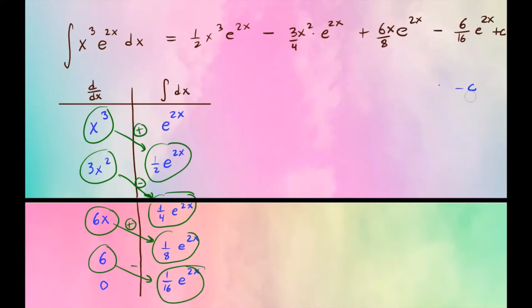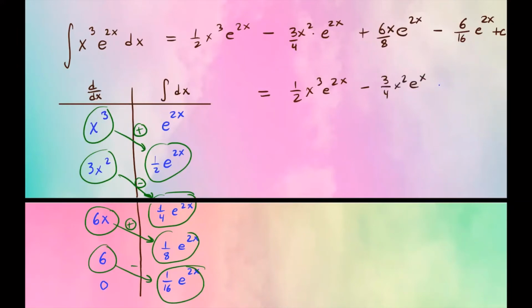Now, if you want, you can simplify these coefficients so that it looks better. So I'm going to go ahead and rewrite the answer. 1/2 x cubed e to the 2x, and 3/4 doesn't simplify, so minus 3/4 x squared times e to the 2x.